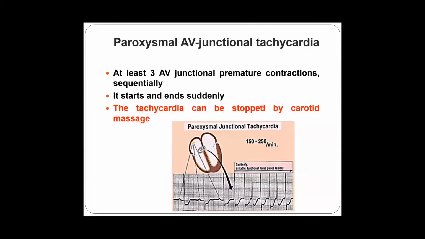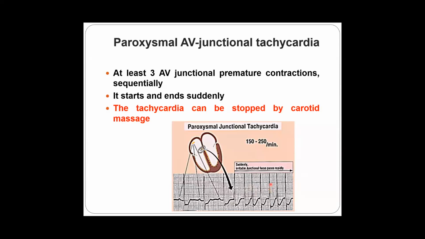Okay, paroxysmal junctional tachycardia. Yes, we can have it. It means that inside the junction, we do have this re-entry phenomenon develop, and we do have a very fast acceleration suddenly occurring, and the rate is 150 to 250. And one important thing, first of all, the QRS is narrow, period.